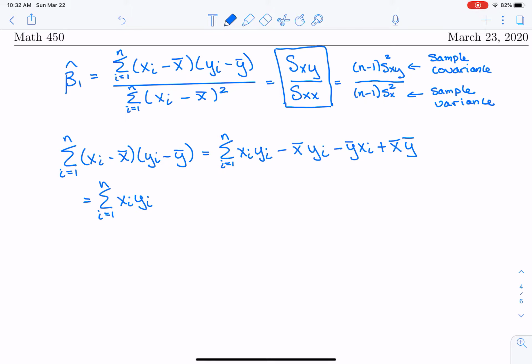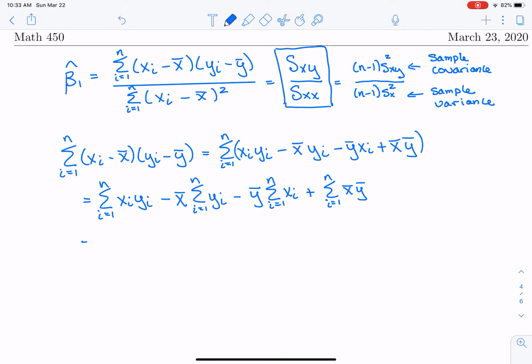But the next one I'm going to write as minus, I'm just going to distribute the sum, minus x bar sum from i equals 1 to n y sub i, minus y bar sum from i equals 1 to n x sub i, and then plus sum from i equals 1 to n x bar y bar. Okay, so everything in that sum was in parentheses, and so now I've distributed the sum.